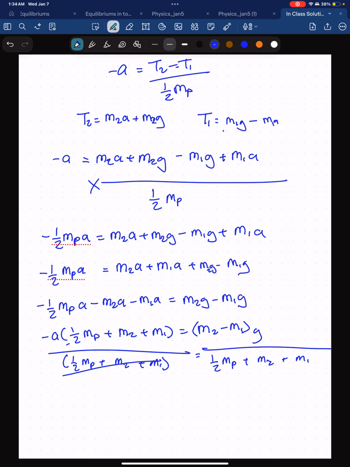So it cancels out. I can actually multiply it by minus that to get rid of the minus sign.